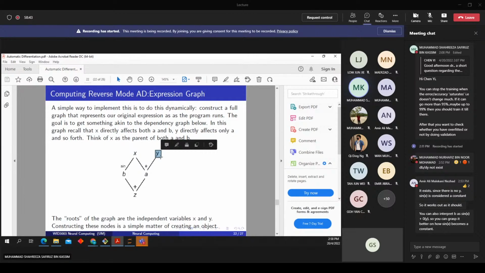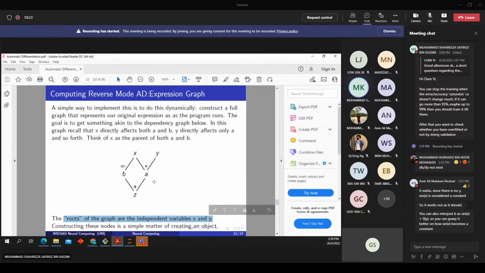X has two children, which are B and A, so whatever X does affects B and A. And Y has one child, which is A. Both B and A have one child, which is Z. So you have to think of X as a parent. This is why the graph is drawn like this instead of rotating it 90 degrees, right? The roots of the graph are the independent variables X and Y.